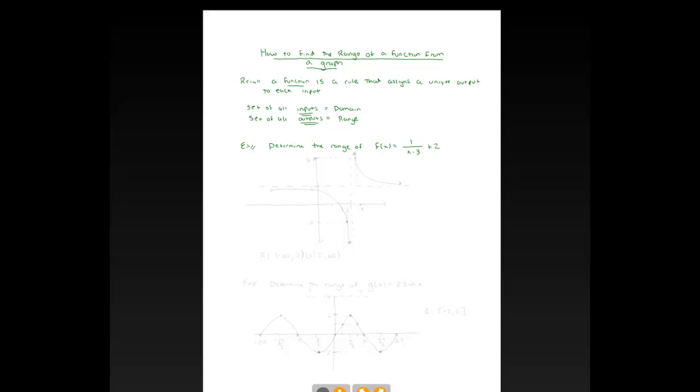Okay, so I'm going to spare the details on the graph because the point is to be able to look at the graph and just get the range, but the graph is going to look like this. So I've got an asymptote at 3. I have a horizontal asymptote at 2.